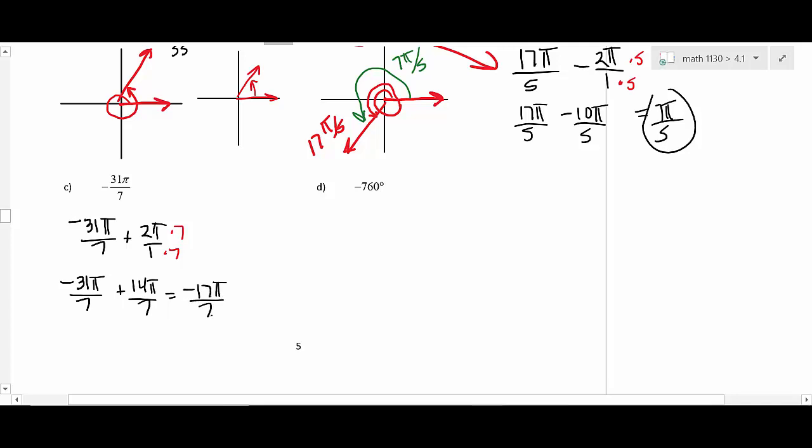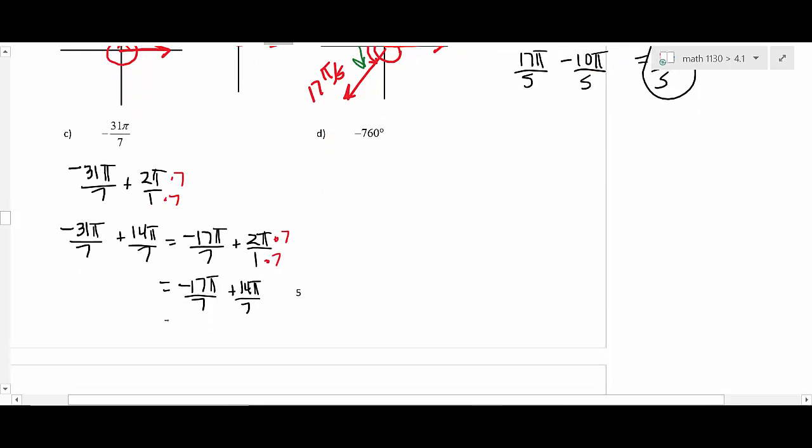That's not a positive angle, so what would you do? Add 2 pi again. Yeah, just go another lap around the circle. So I'm going to add 2 pi over 1 again. It may still be negative. I think you have to do this several times on this one. So that would give you negative 17 pi over 7 plus 14 pi over 7, which looks like negative 3 pi over 7, right?